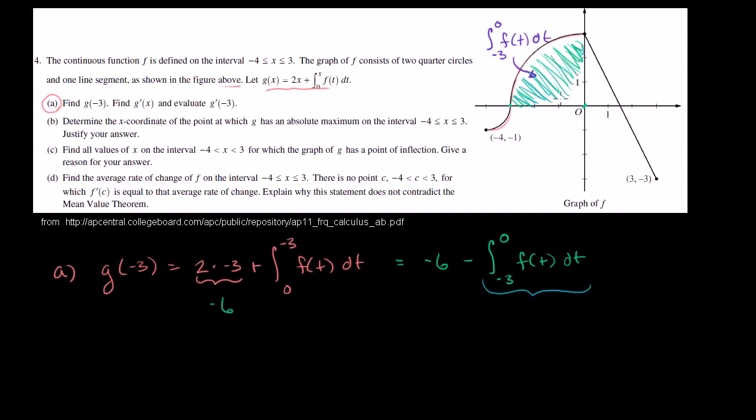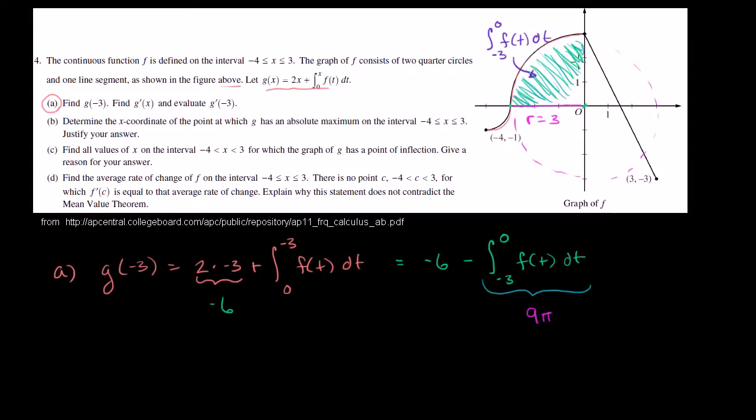And the area under this quarter circle, we can just use a little bit of geometry to figure that out. We know its radius. The radius here is 3. The entire circle is pi r squared. So if this was an entire circle right over here, that area would be pi r squared, so pi times 3 squared, so 9 pi.